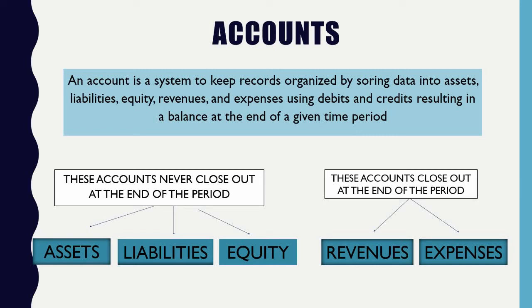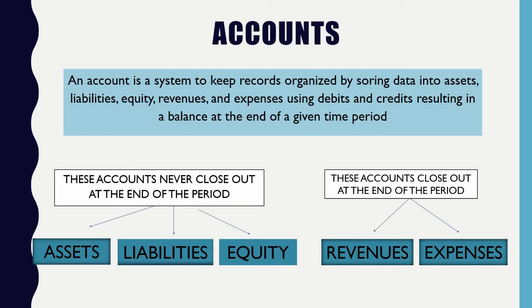Okay, and also, with that it being said, your assets, liabilities, and your equity they never close out because, for example, when we talk about what an asset is, you're going to learn that your checking account is an asset. If you close your banking account, that means you're done doing business. You can't really technically do business anymore because, and we'll talk about this in chapter 4, which is tomorrow, why it's necessary to have a separate bank account.